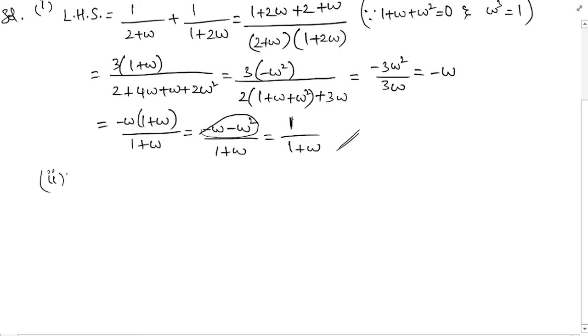Okay, now we'll go with the second bit. Here the LHS is equal to (2 minus omega) square, (2 minus omega) power 10, (2 minus omega) power 11.